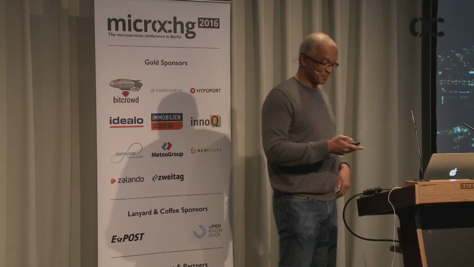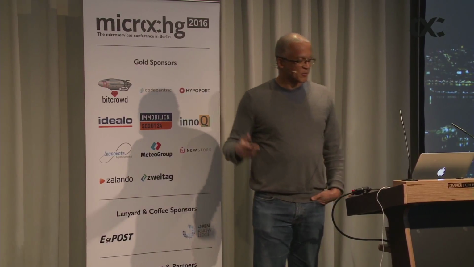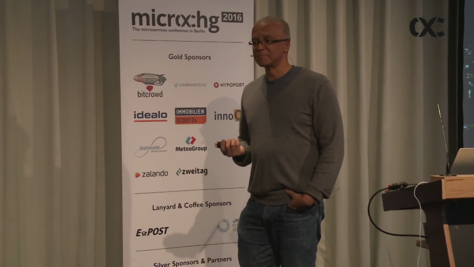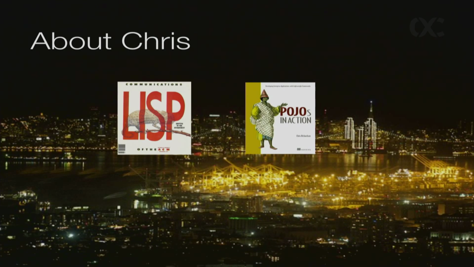That was actually a useful amount of memory. And then, of course, eventually I ended up programming in Java. Back in 2006, my book, POJOs in Action, came out, and that was all about how to build applications with Spring and Hibernate, which back then were revolutionizing how we built enterprise Java applications.